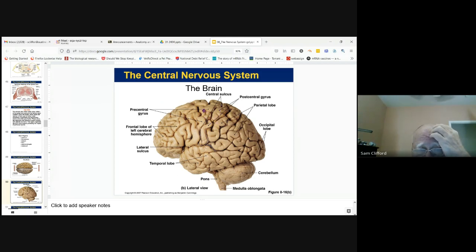In the precentral gyrus, you're going to have motor output, efferent output. So the analysis of all the sensory input that passes through the spinal cord and goes up to the brain is in the postcentral gyrus. Once that's processed, the precentral gyrus sends information.